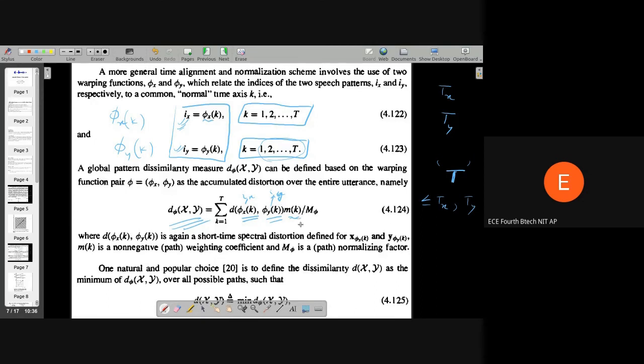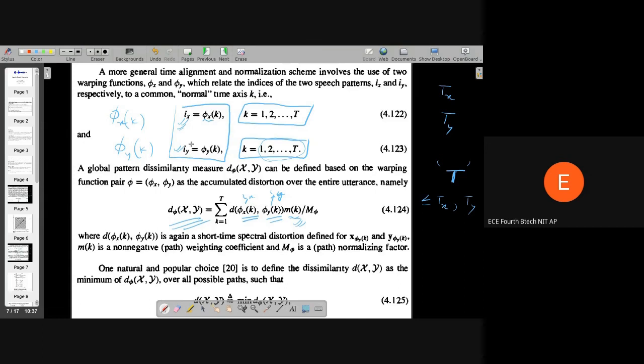So you can give some weights to the path that is being taken. That's what mk is. And m5 is a normalizing factor. If you compare two huge sentences, distance will be huge. So to normalize that, it's a normalizing factor to bring all different comparisons to an equal, comparable level. That's it. So the main important point is this phi x and phi y.